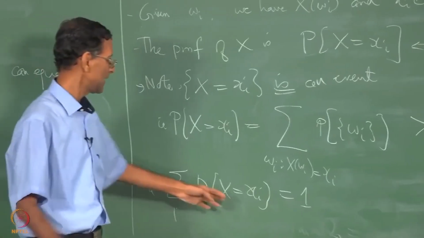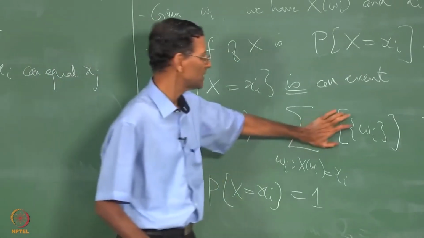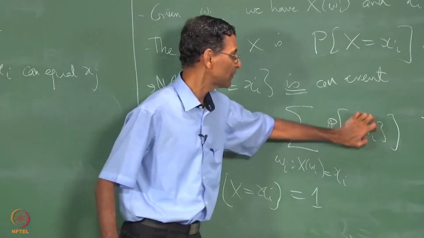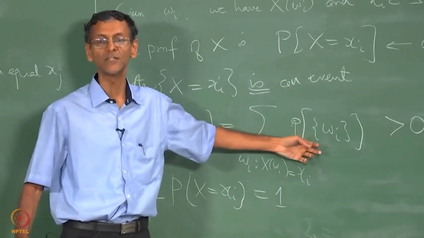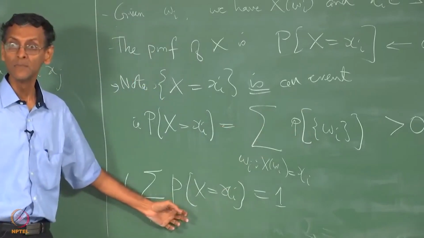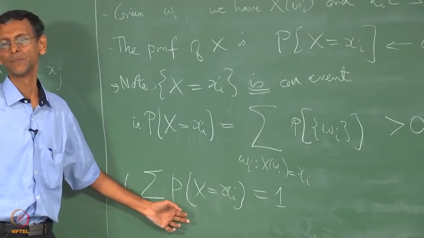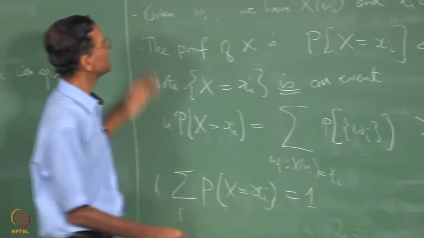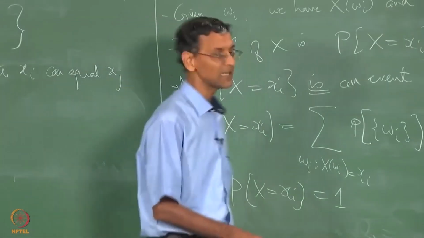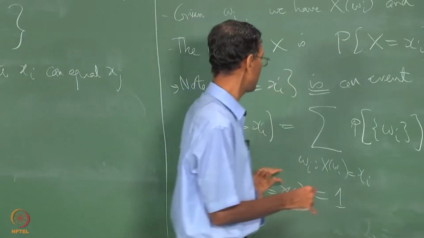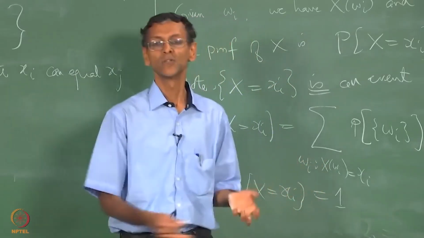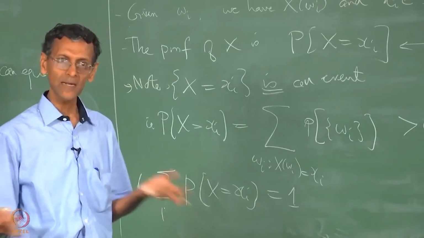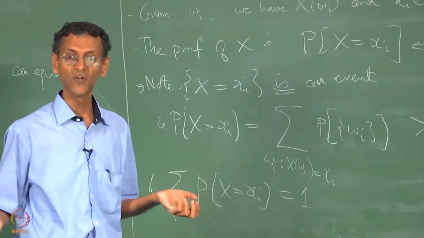If there is a one to one mapping between omega and x i, there may not be any addition at all, but here you are adding. So what is a PMF then? The PMF is not just the P of x equal to x i, it is also the x i. The collection of points x i and the probabilities together are called the PMF of x.